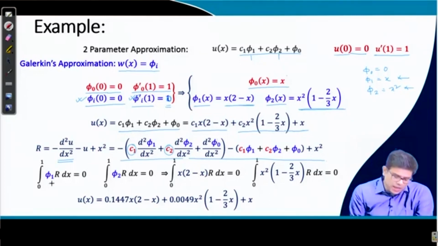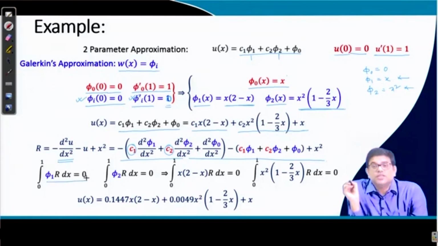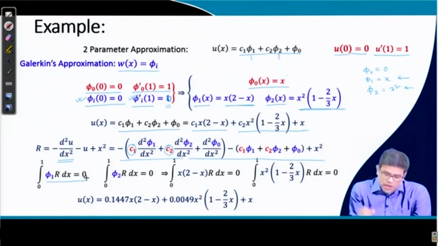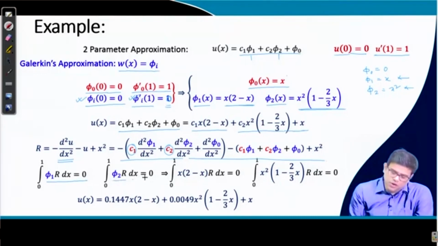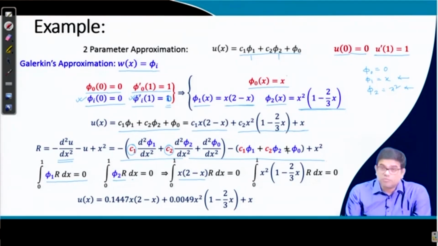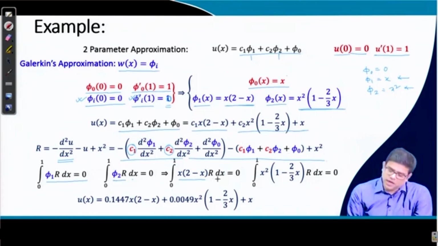Now I write the weighted residual statement, which is phi 1 r equals 0 and then phi 2 r equals 0. Then I substitute this r, which you can compute, and I get two linear equations, 1 and 2.